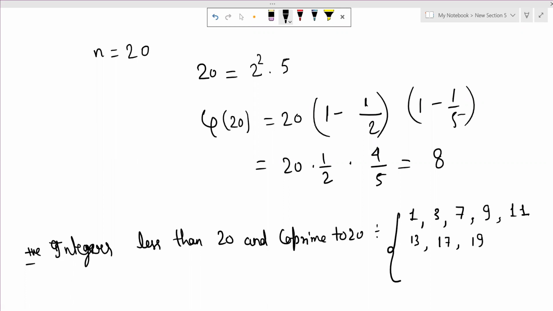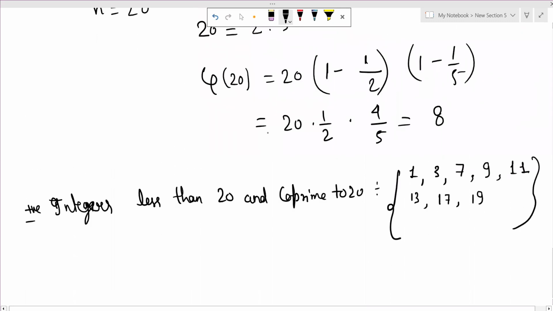So these are 8 numbers: 1, 2, 3, 4, 5, 6, 7, 8. We verified this is correct. Agreed or not? Yes, sir.